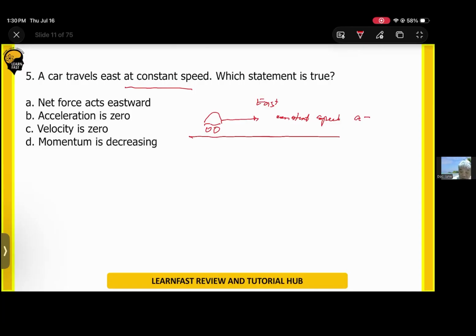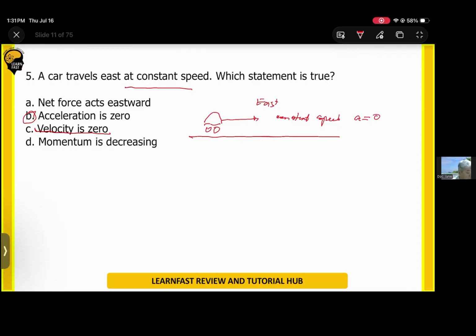So acceleration of the car is zero. So what would be your answer? It's letter B right away, right? Clear? So velocity is zero is wrong because it is stated it has a constant speed. Constant speed does not say velocity is zero, right? So that's wrong.